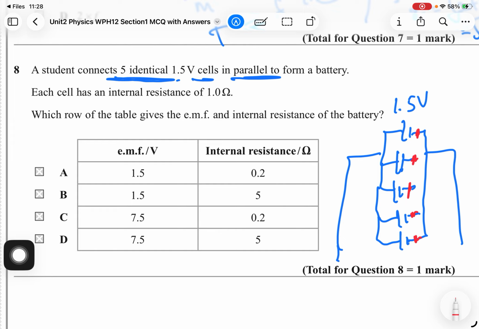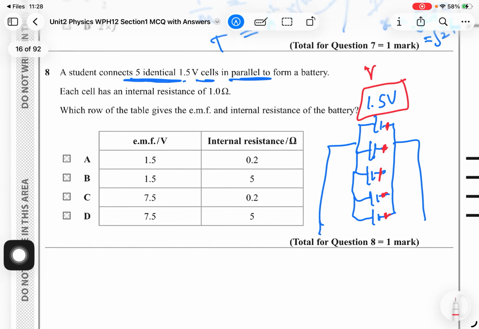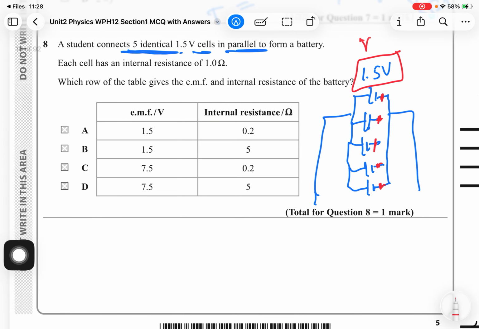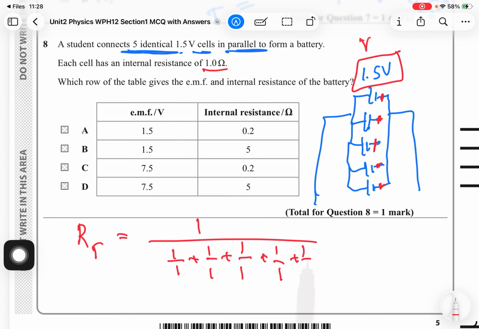First of all, if we check, the voltage is not changing in the full circuit. It's going to be 1.5 because they are in parallel. But if I go with the resistance, the total resistance is 1 over the equivalent resistance, and since this is parallel, it's 1 over 1 plus 1 over 1 plus 1 over 1 plus 1 over 1 plus 1 over 1.